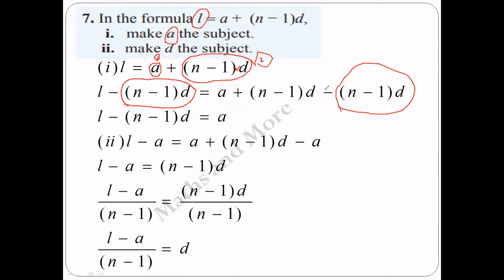Subtract n minus 1 times D from both left and right.